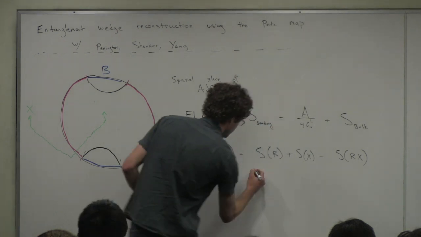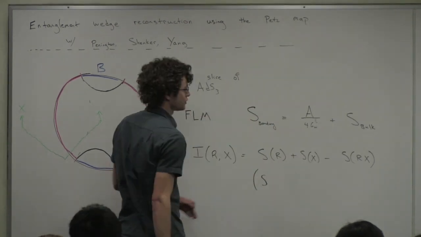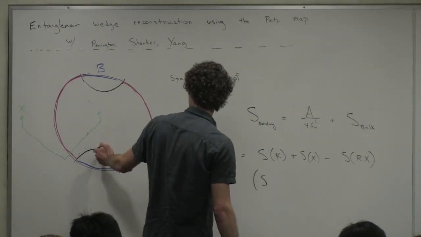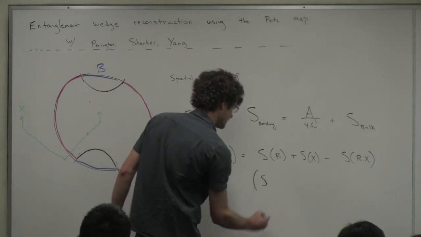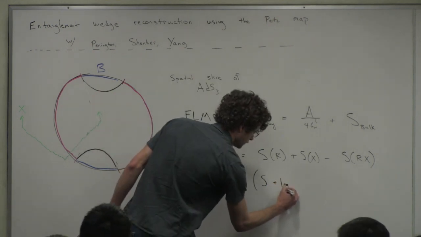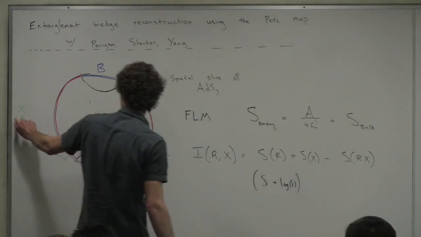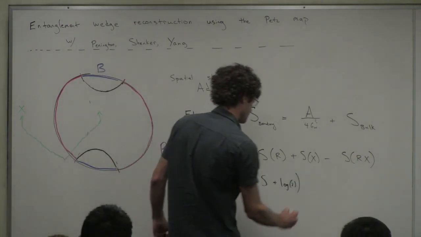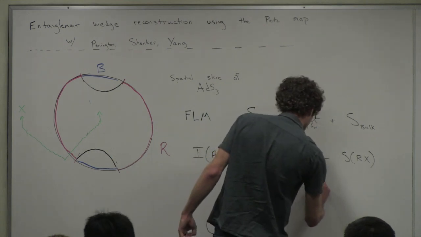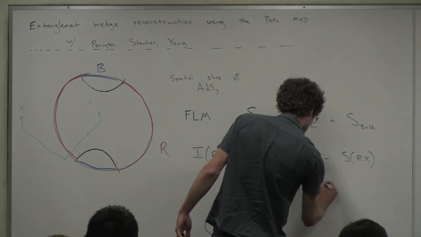So this S of R will be some contribution just from these surfaces without the spin, plus log 2 for the spin. Okay, entropy of X is just going to be the entropy of a maximally entangled state of the spin, which is log 2.